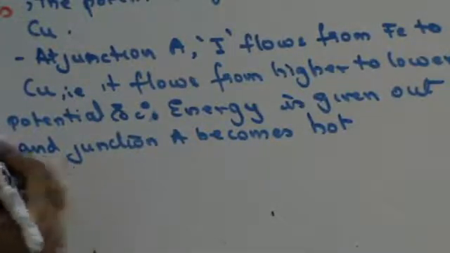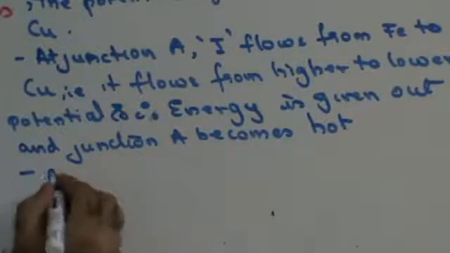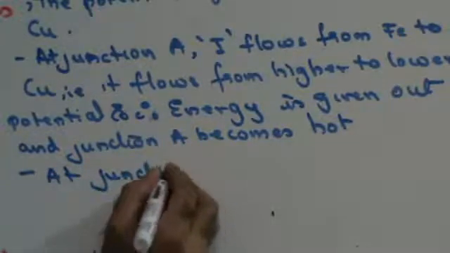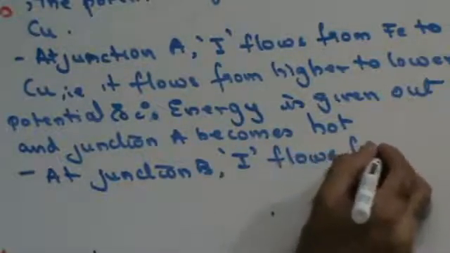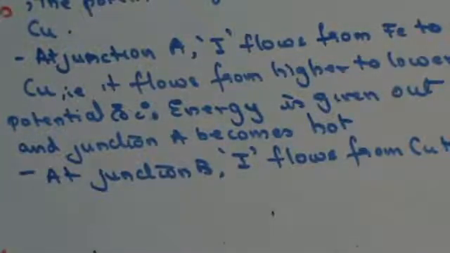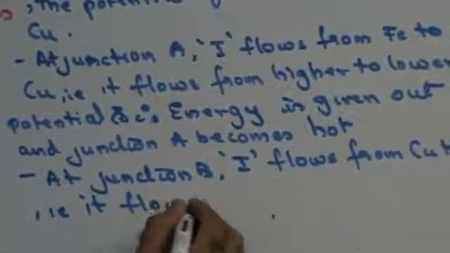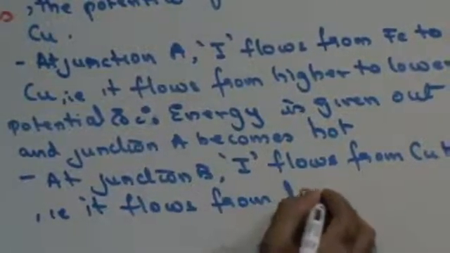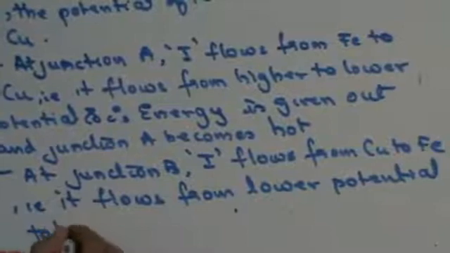Next, at junction B, current flows from copper to iron. As current flows from copper to iron, that means it is going to flow from a lower potential to a higher potential, right?